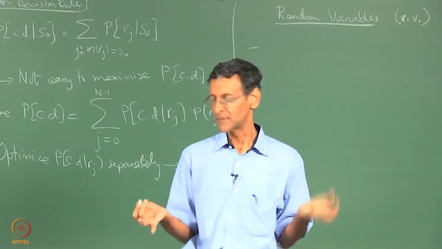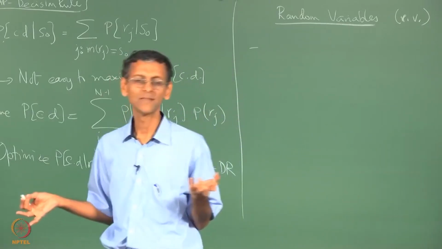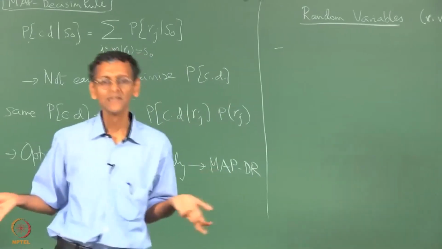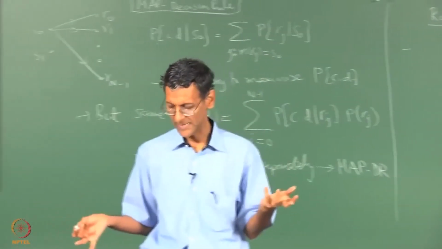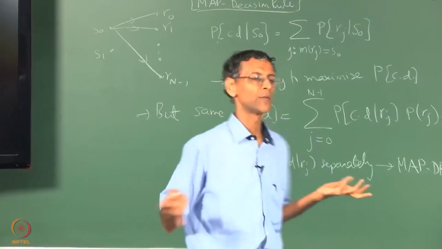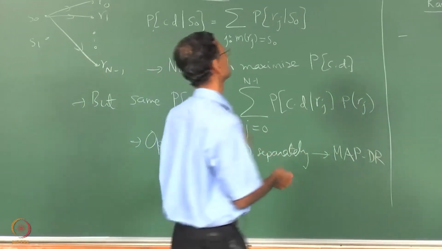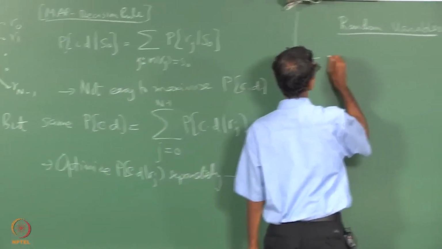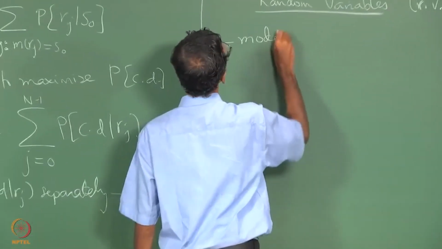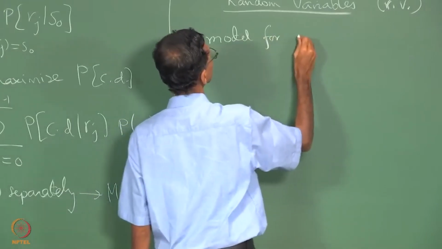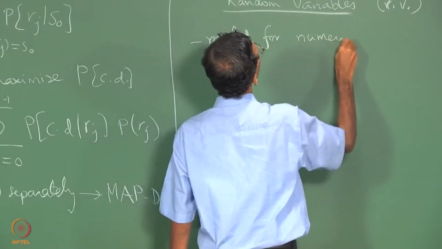So one numerical output that we can measure or get from a random experiment is called a random variable. So that is the English. These are models for numerical output.